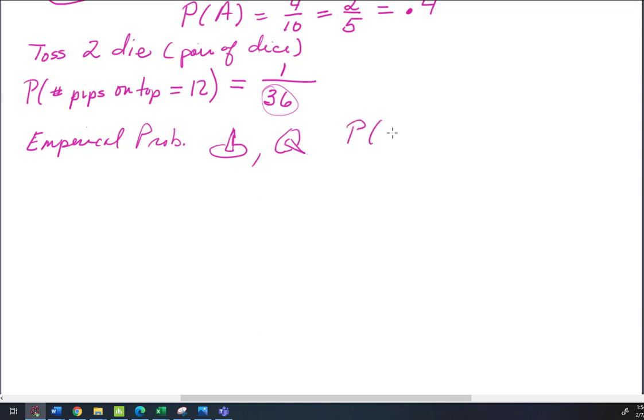I can't just say the probability that my thumbtack is going to land this way is 1 out of 2 possibilities. That would be using the classical approach, but the outcomes are not equally likely, so this is not valid, and I can't do this. But what I could do is use the empirical probability definition. And so I would start to toss the tack a large number of times.